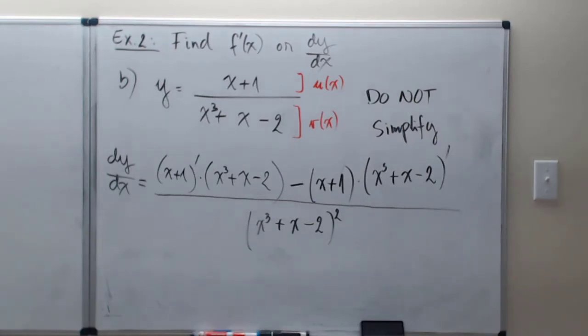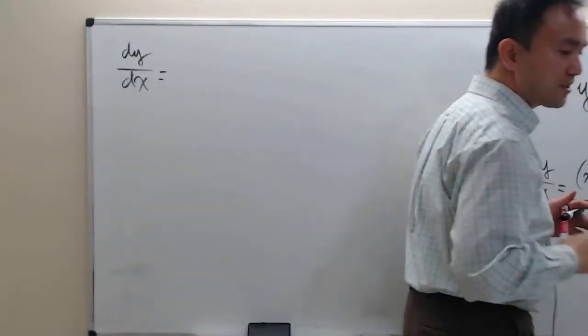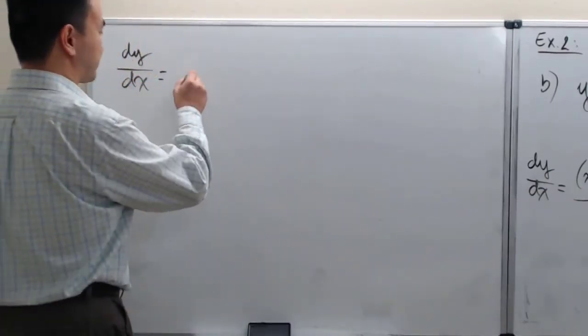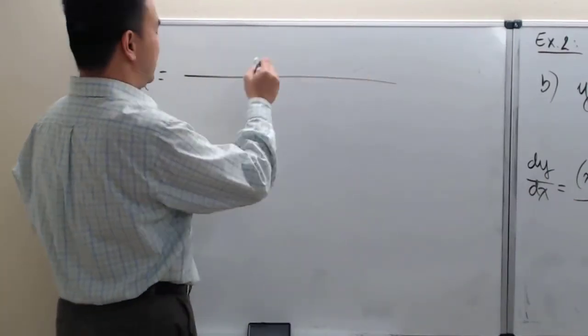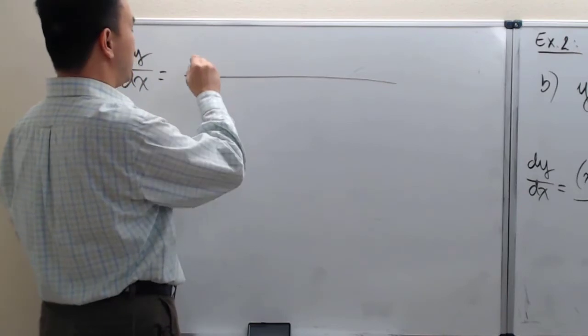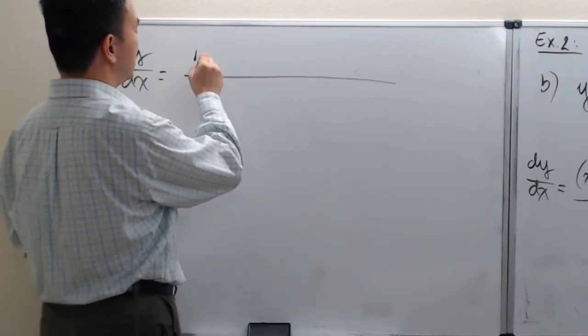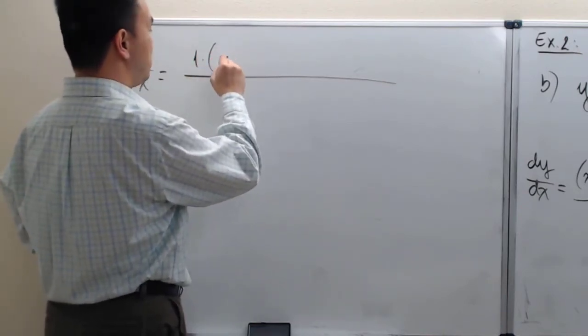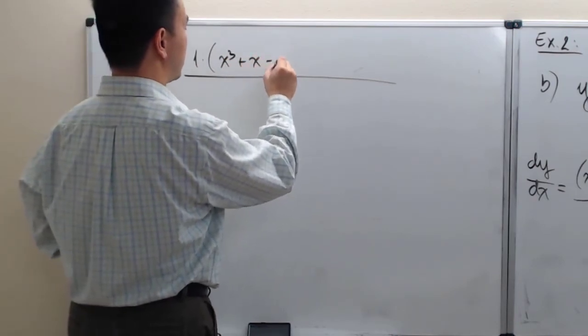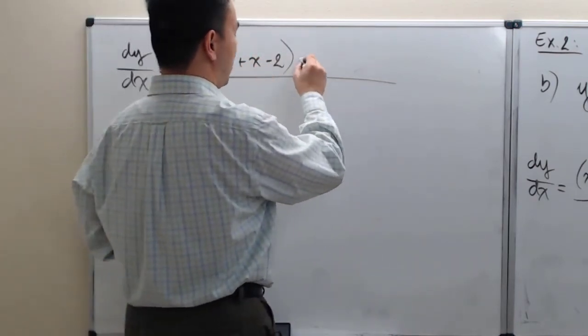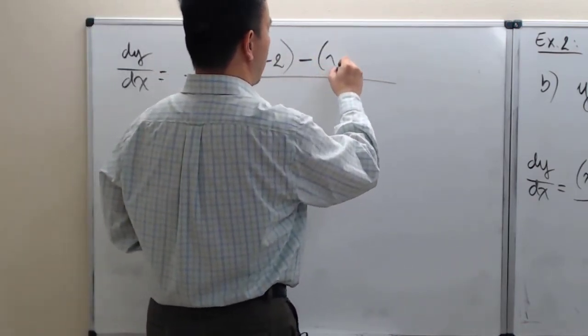All right, so dy/dx in this case. The derivative of x plus 1 is simply just 1, multiplied with x cubed plus x minus 2. Okay, and minus, and now I'm going to keep x plus 1 the same.